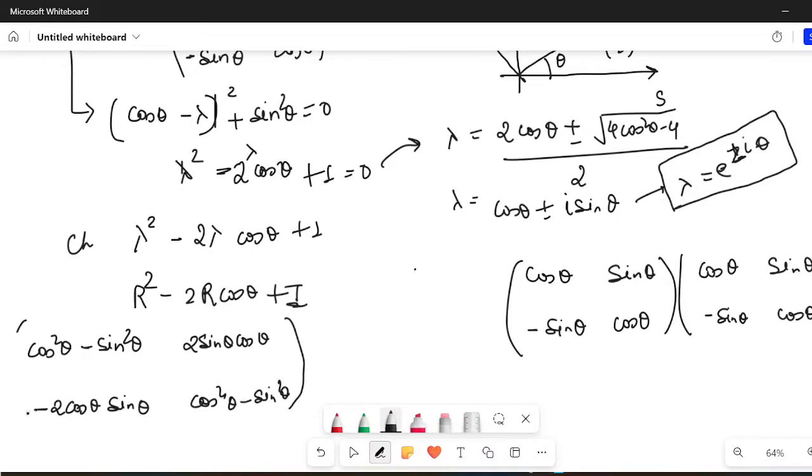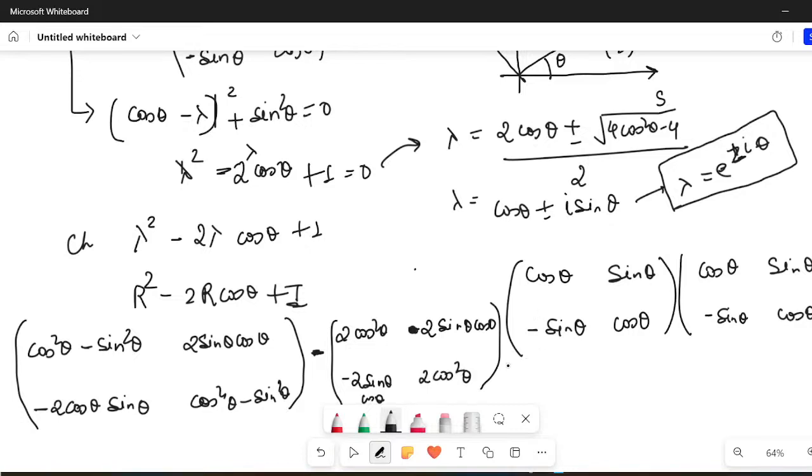And then think about what minus 2R cos theta would be. It is equivalent to writing minus 2 cos squared theta, minus 2 sine theta cos theta, with a minus sign here, and again minus 2 cos squared theta here.